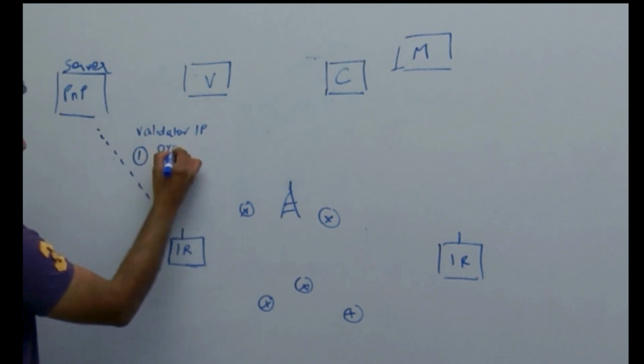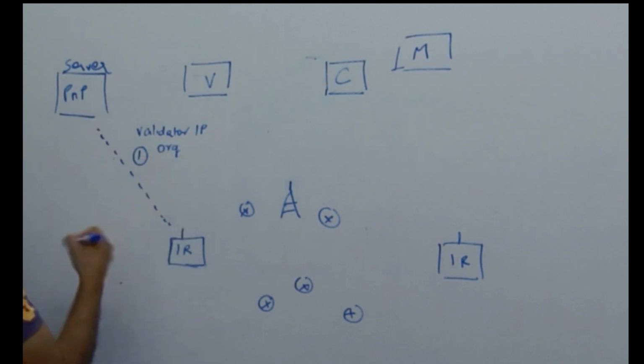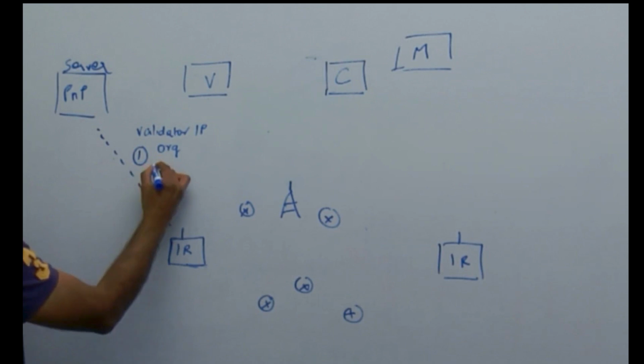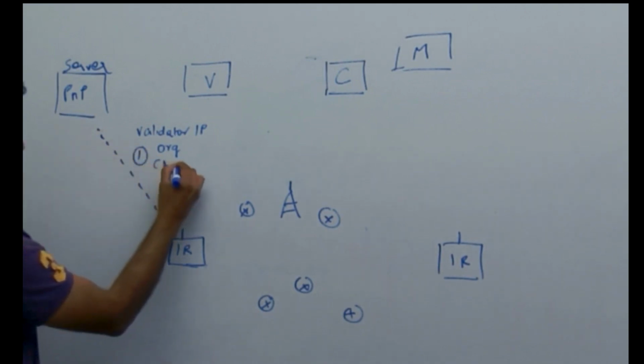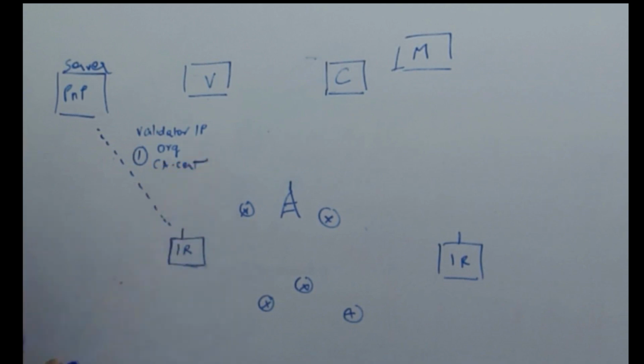It's going to get the org name for certificate validation, and if you have multi-tenancy, then it plays a role there as well. And if you have a trusted CA certificate, it's also going to pull that here. So that's the first thing.